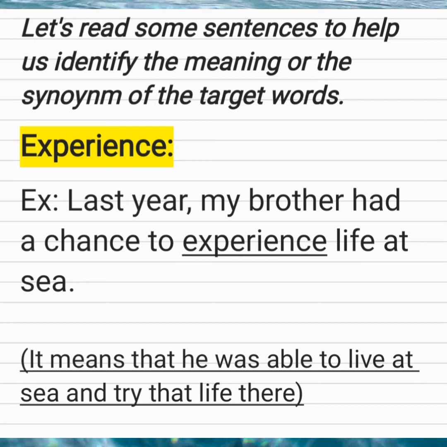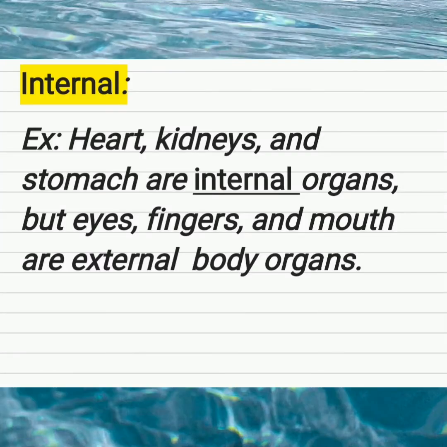That's it. Let's move to the second word, internal. Example, heart, kidneys, and stomach are internal organs, but eyes, fingers, and mouth are external body organs. Can you figure out its meaning?